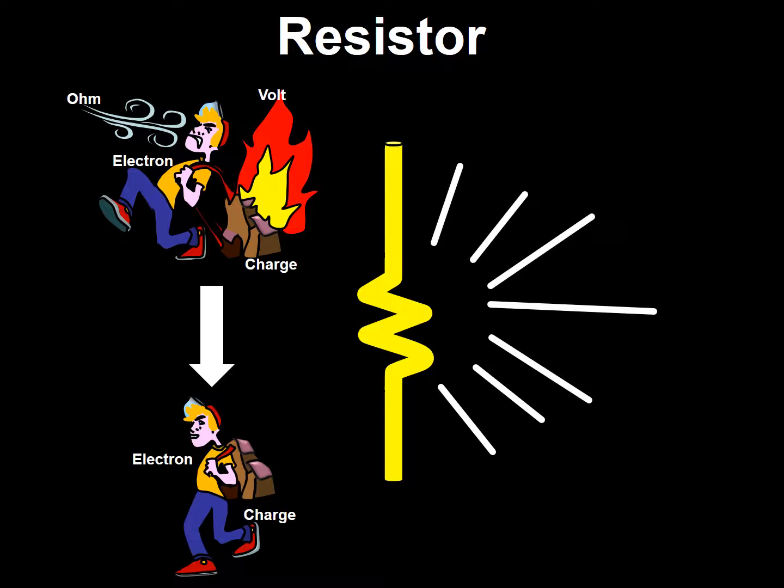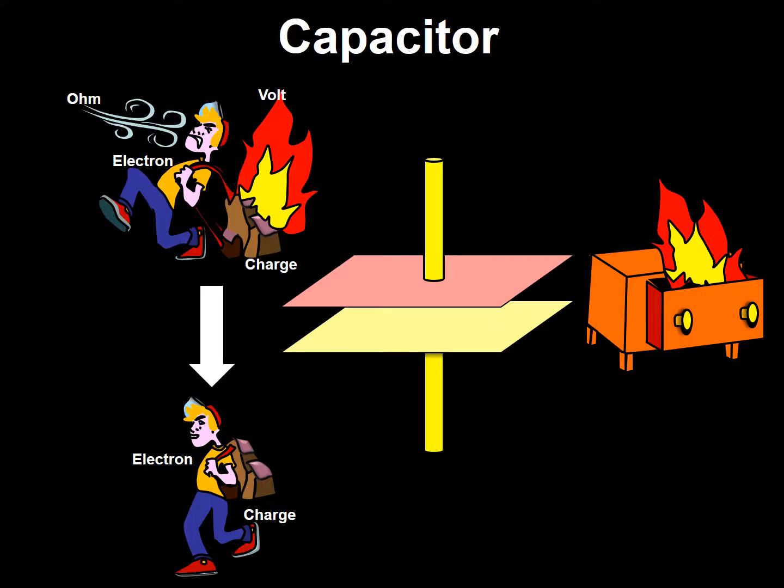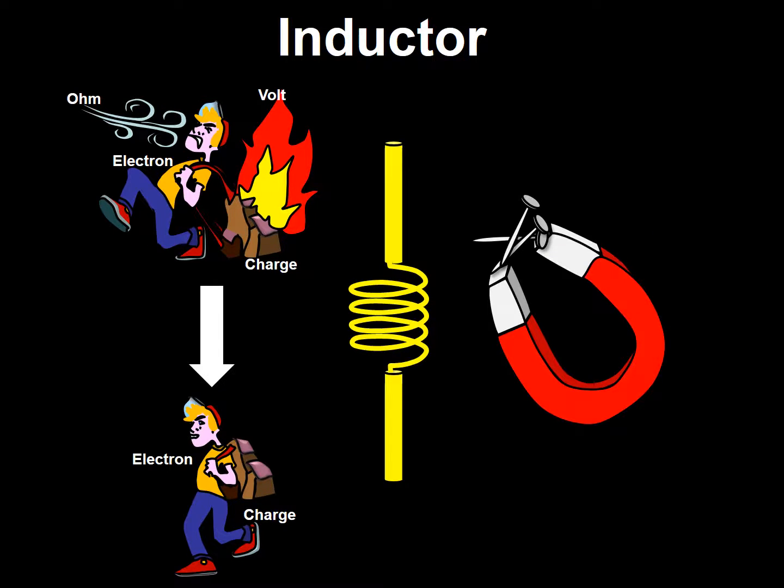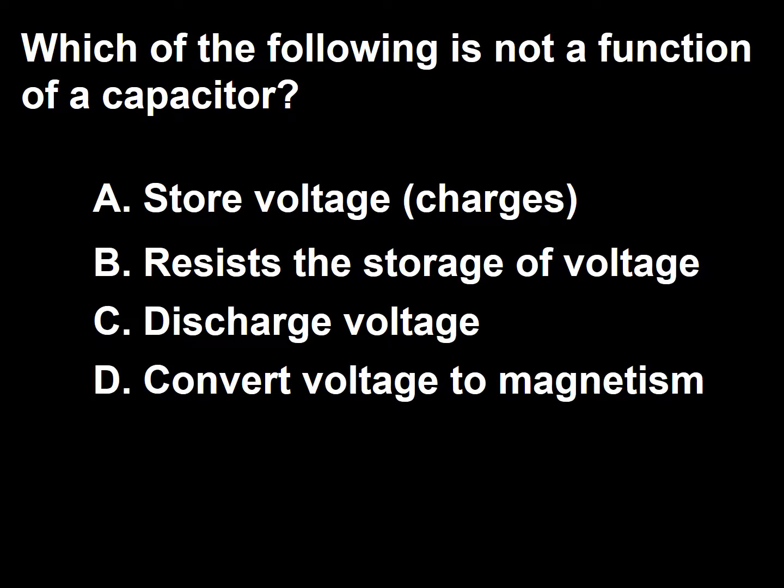As you remember, voltage is transformed into heat as current flows through a resistor. Voltage is stored in a capacitor. In an inductor, voltage is transformed into magnetism. So the answer to this question is D.